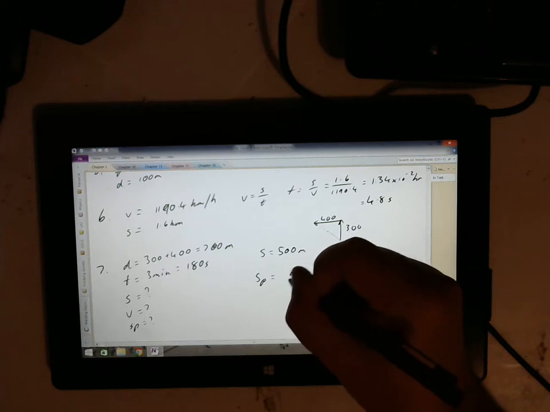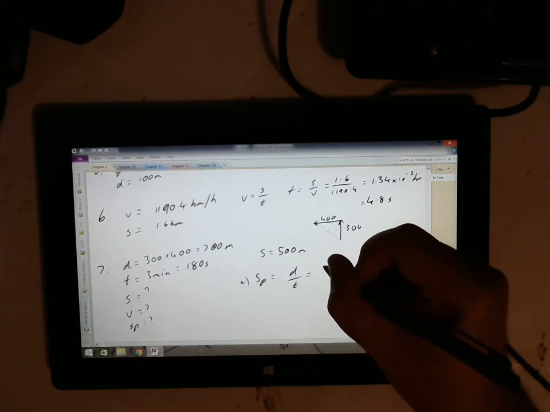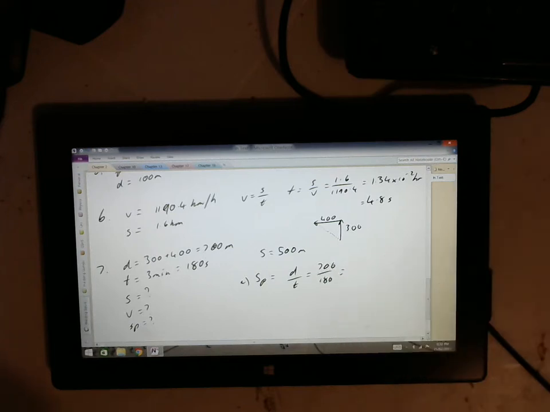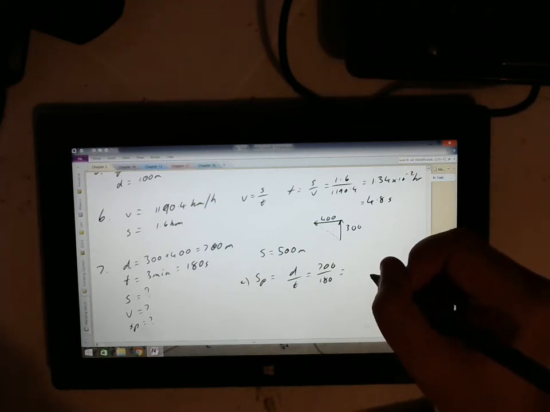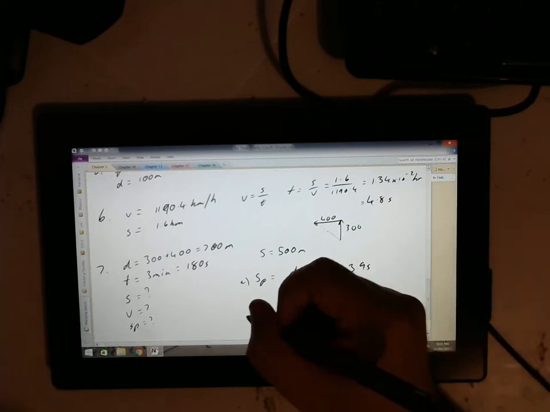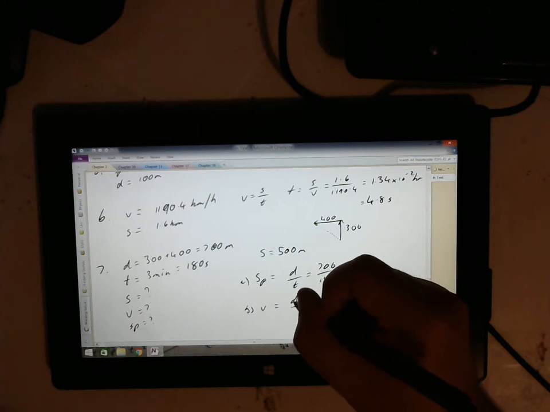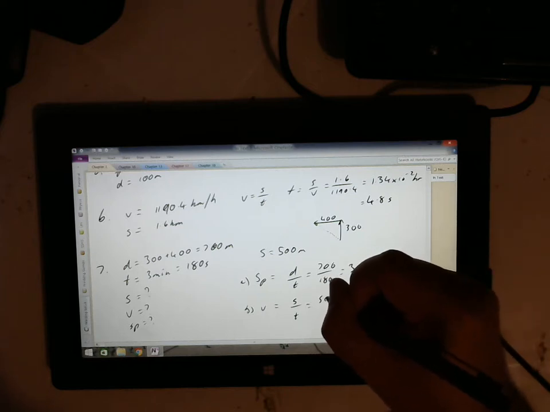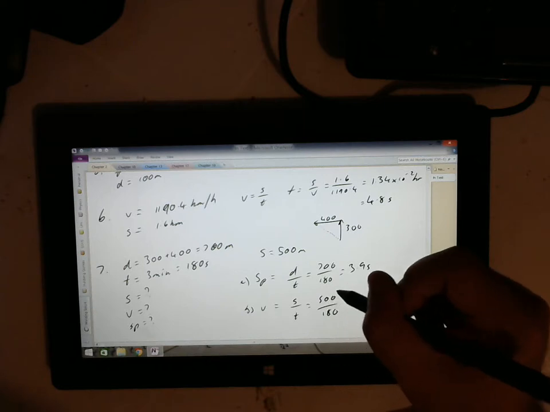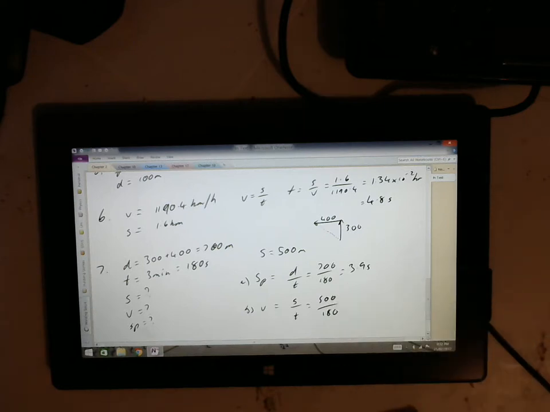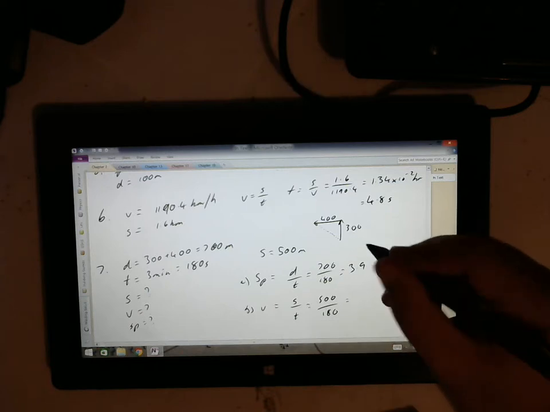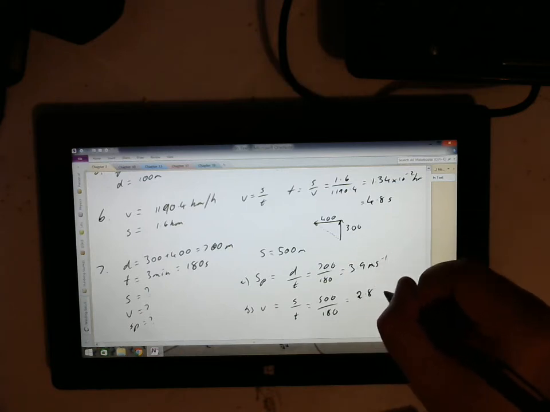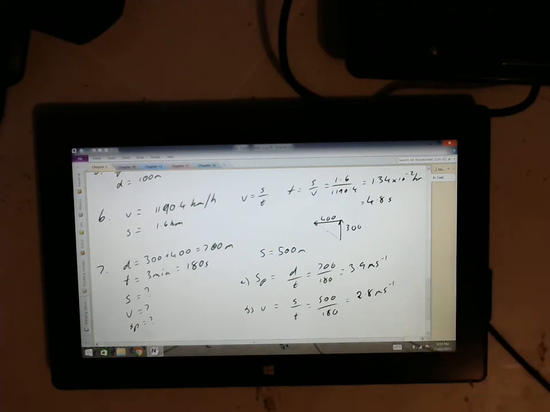Speed equals distance over time equals 700 over 180, which gives us almost 4, so 3.9 meters per second. Velocity: displacement over time equals the displacement we just worked out over time, and we can see that's going to be less, which means our velocity should also be less, and it is indeed. 2.8 meters per second. Same units, just a different type of thing.